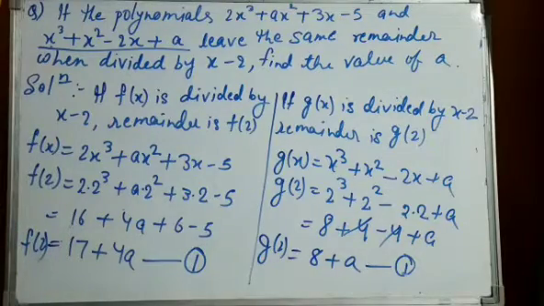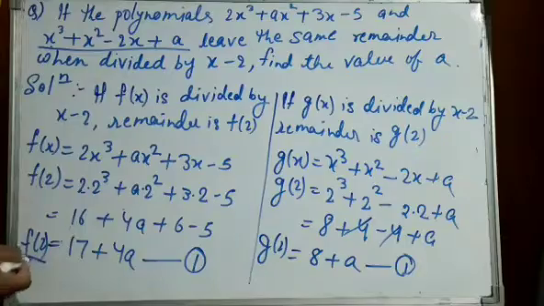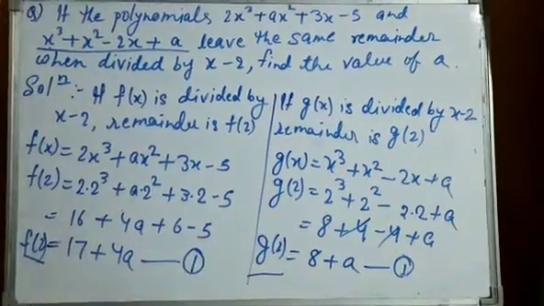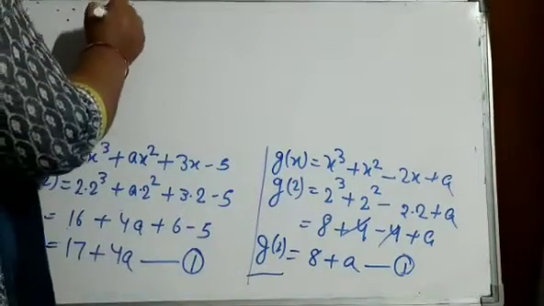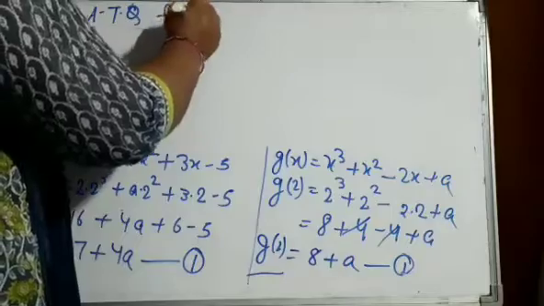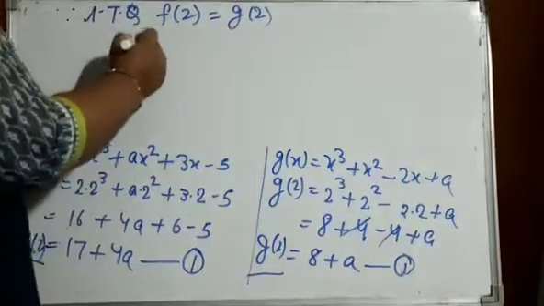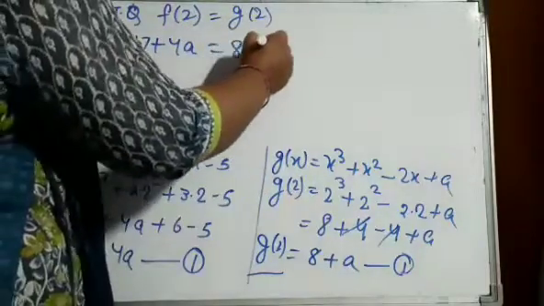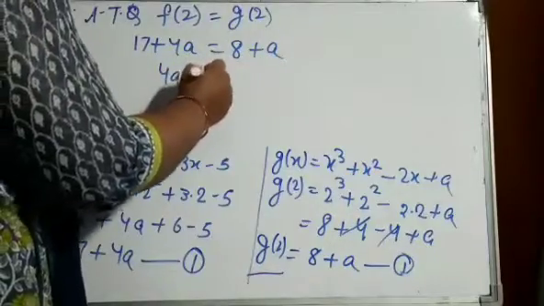According to the question, both leave the same remainder. So f of 2 must be equal to g of 2. Since f of 2 is 17 plus 4a and g of 2 is 8 plus a, let us bring this a to this side.